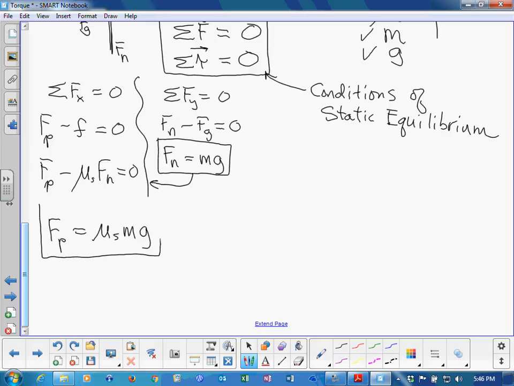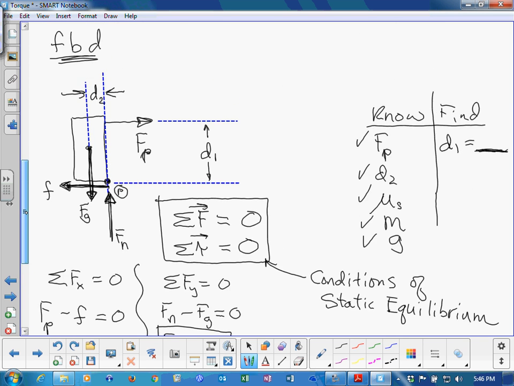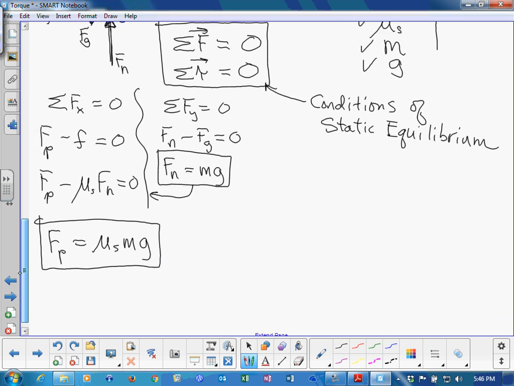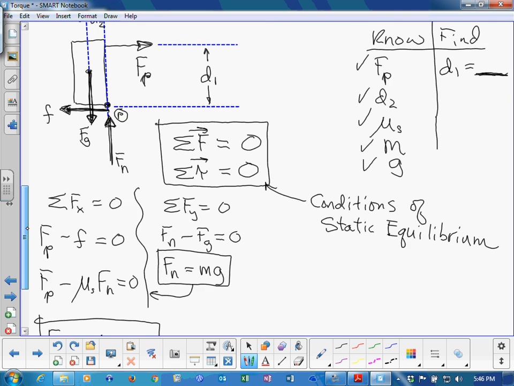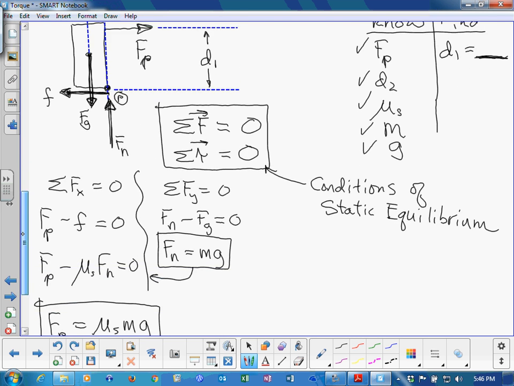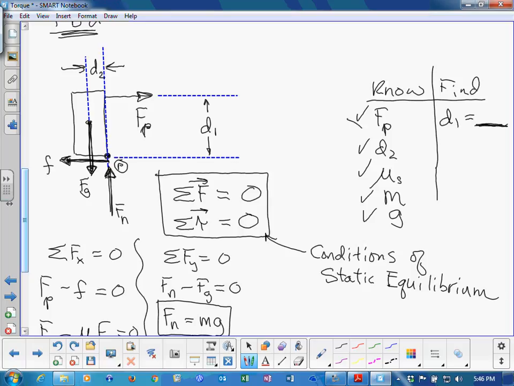Okay, so now we have an expression for the pulling force that will just tip the block about point P, assuming that we know the coefficient of friction. Okay, so actually we didn't have to know this in advance, we just calculated it.